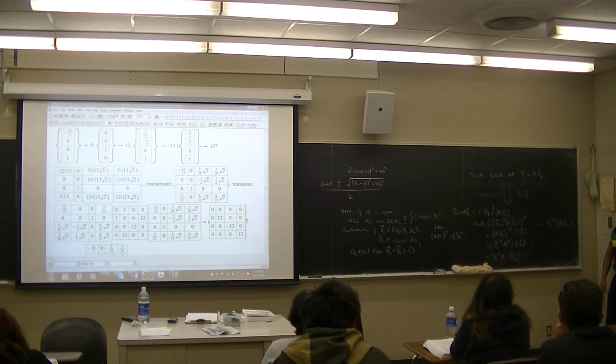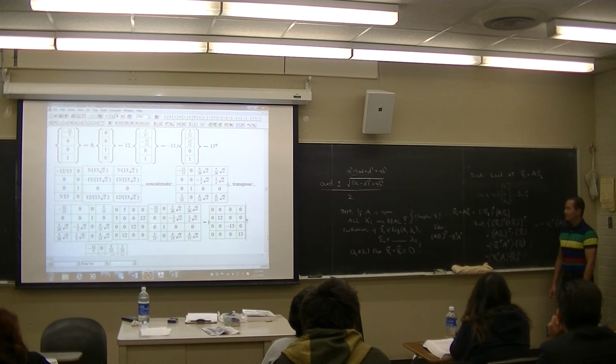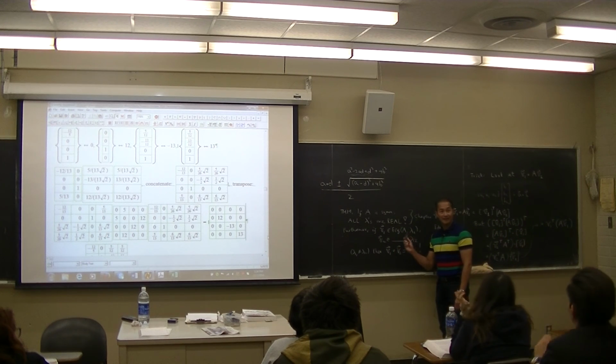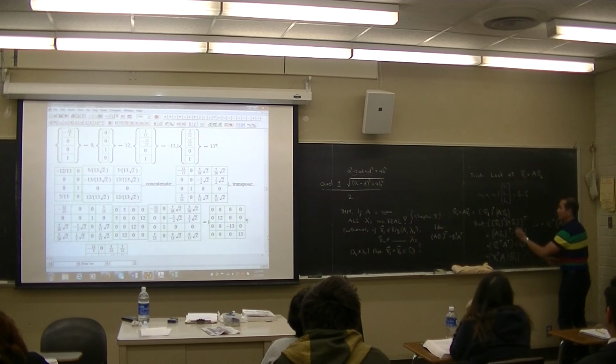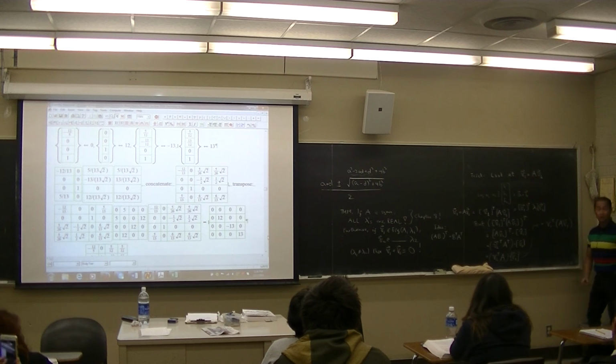Big picture, back to the beginning. What is A times v2? Oh, I'm sorry. Let's not forget, v1 is an eigenvector for lambda 1. v2 is an eigenvector for lambda 2. So what is Av2? Lambda 2 v2. So we have v1 transpose lambda 2 v2.